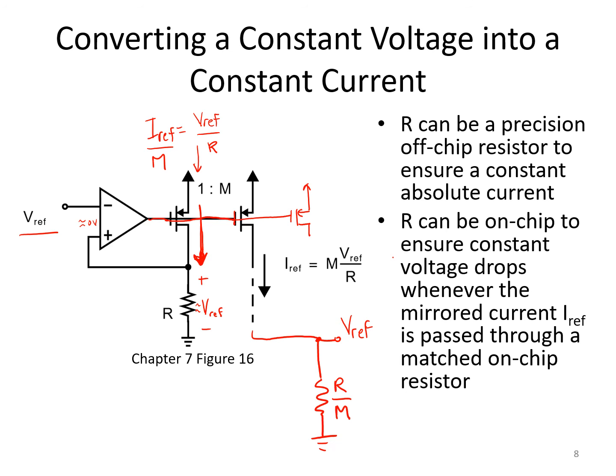Let's consider the case where these resistors R and R over M are realized as polysilicon resistors on chip. They will have a temperature coefficient, so the reference currents Iref will not be absolute constants.